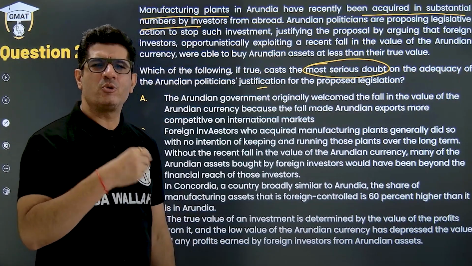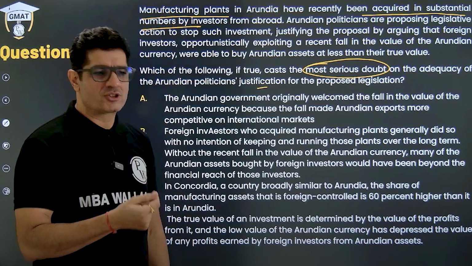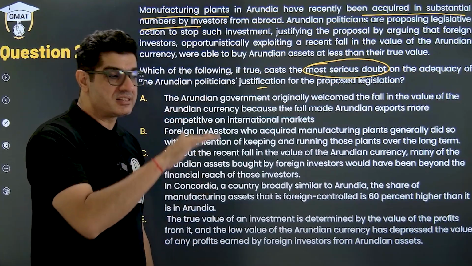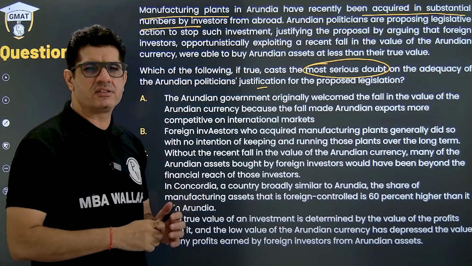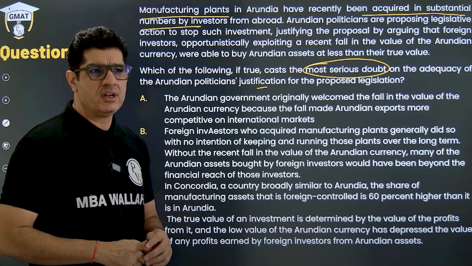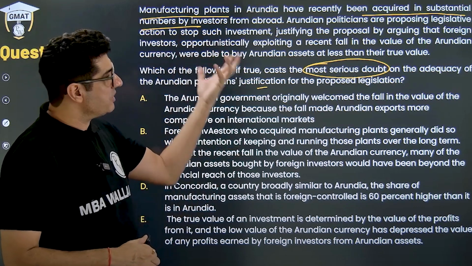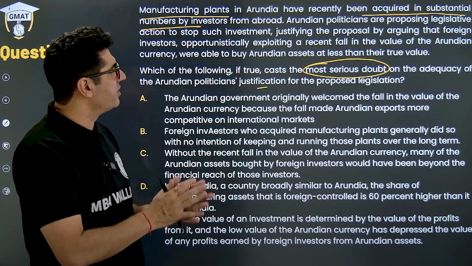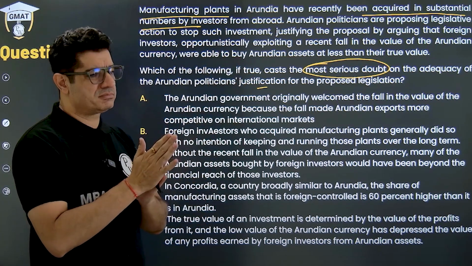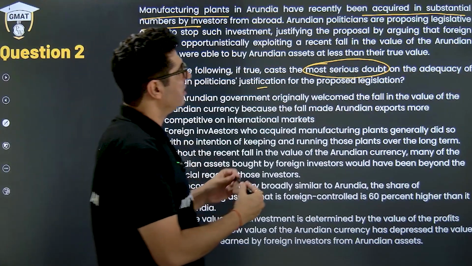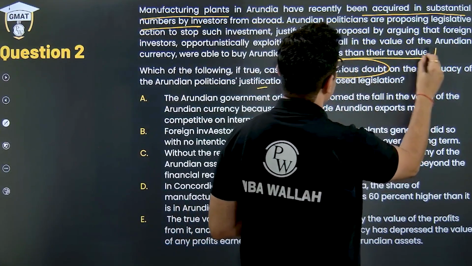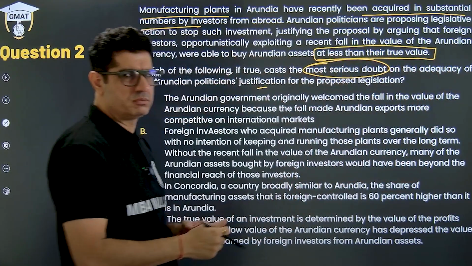All they want to do is earn a quick buck. Because their country's currency has weakened vis-a-vis the currency of those other people, they found the valuations to be cheap. So they have bought it. And as a result, they are getting it at less than their true value.